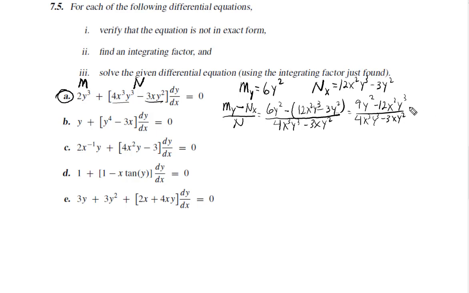And in the top, it looks like we can factor out a 3y squared, which gives a 3 minus 4x squared y. In the bottom, we can factor out an xy squared.